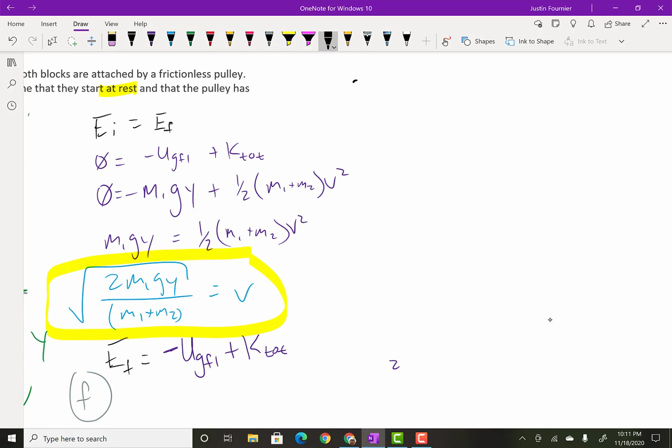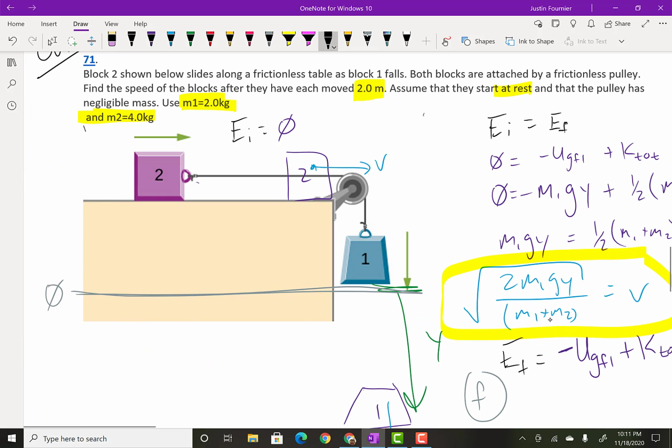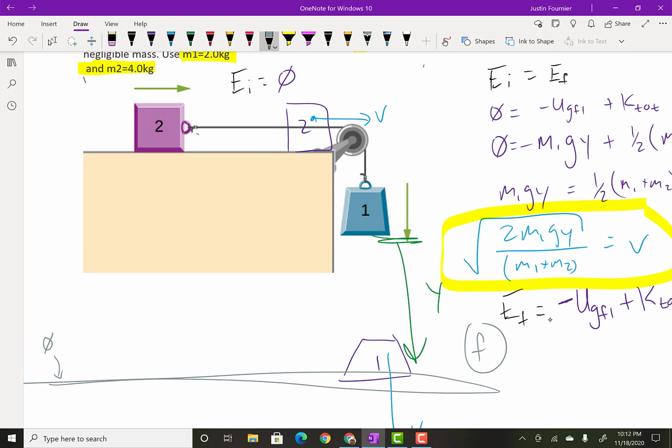So we're going to look at this one more way, which is instead now I'm going to move my 0 mark to the lowest point that mass 1 reaches. So here's my 0 mark. Again, block 2, I don't care about the change in energy.